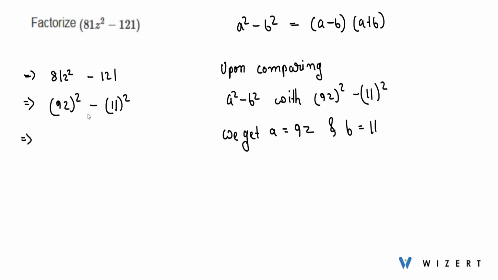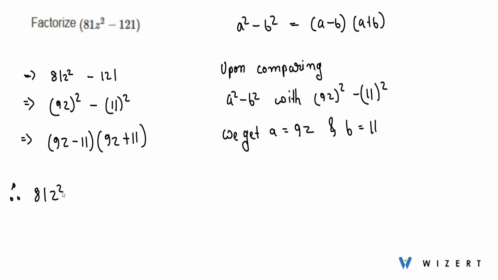Therefore, this can be written as a minus b, that is 9z minus 11, multiplied by a plus b, that is 9z plus 11.